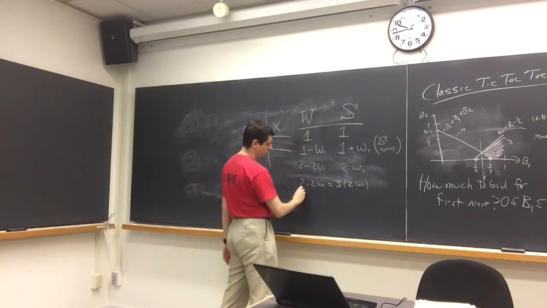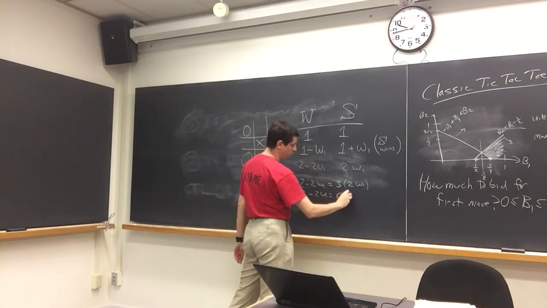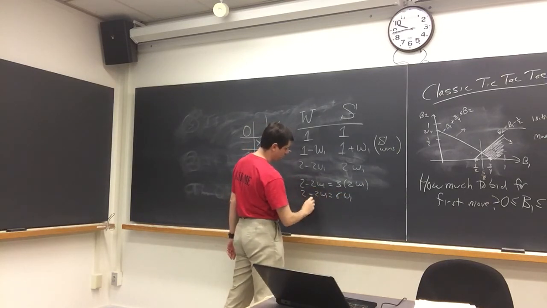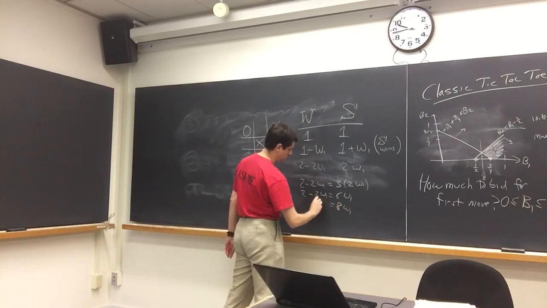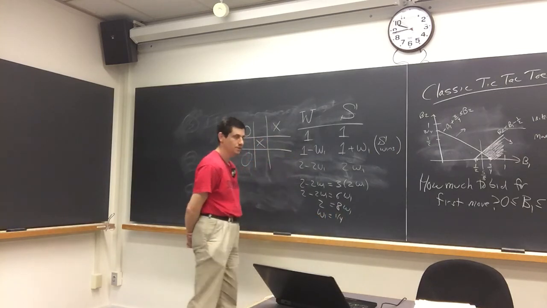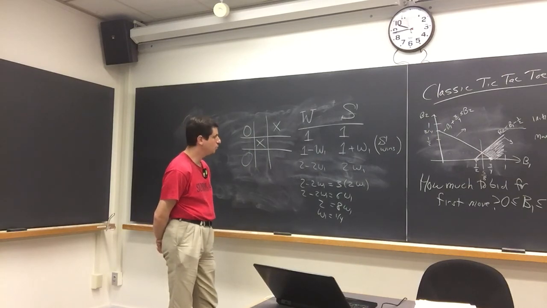Then 2 minus 2W1 is 6W1, so 8W1 is 2. So W1 is 1/4.